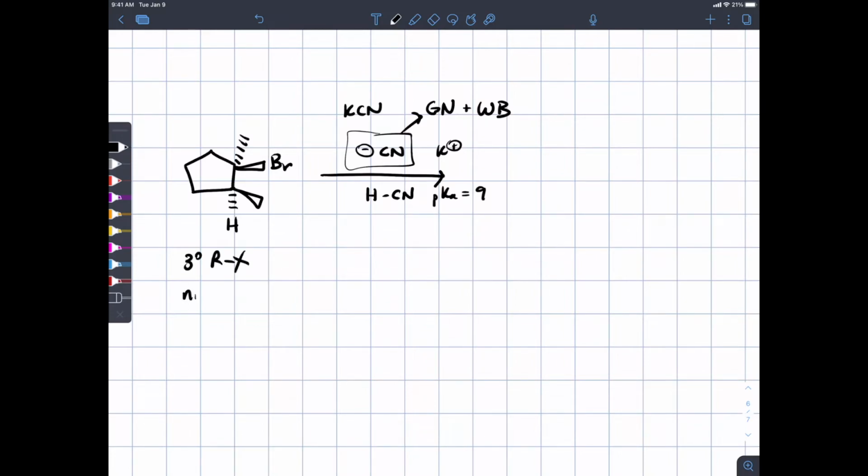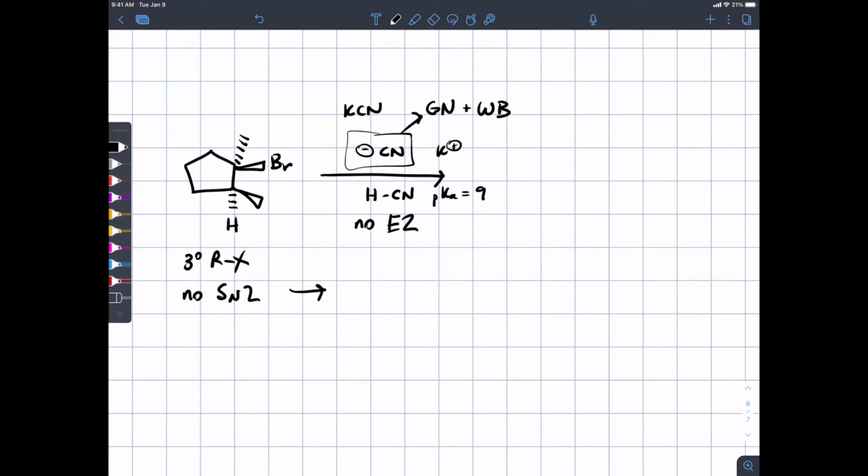So that would tell us there is no SN2. Our good nucleophile but weak base, good nucleophiles would prefer SN2, but that's not an option due to the alkyl halide structure. And CN minus is a weak base, so that will also rule out E2.